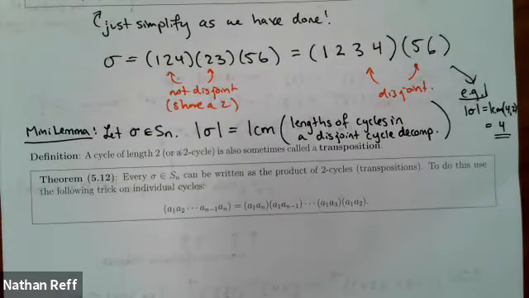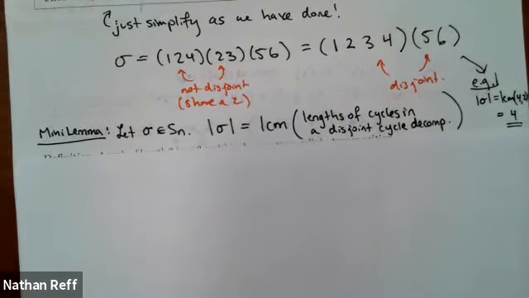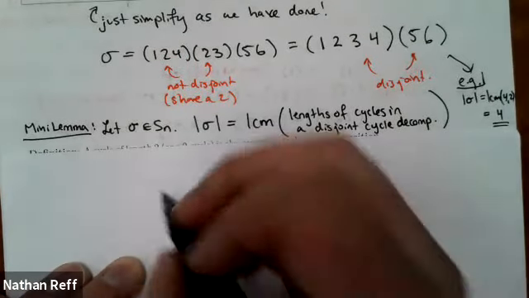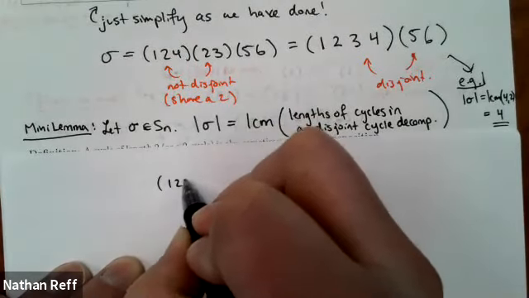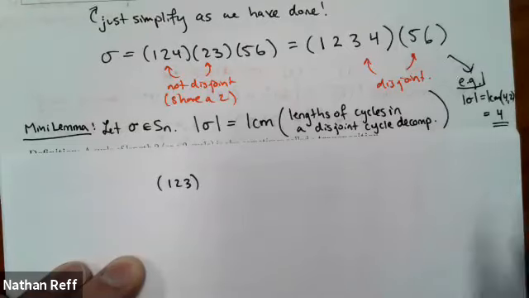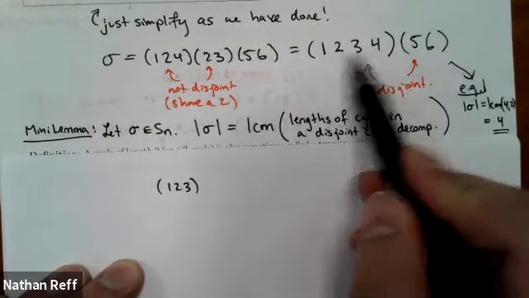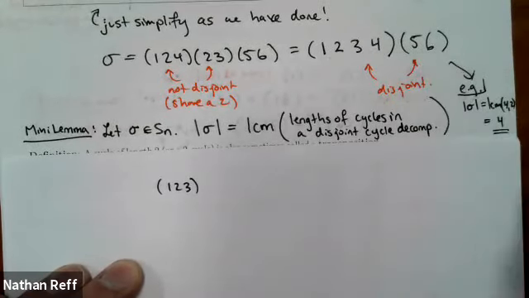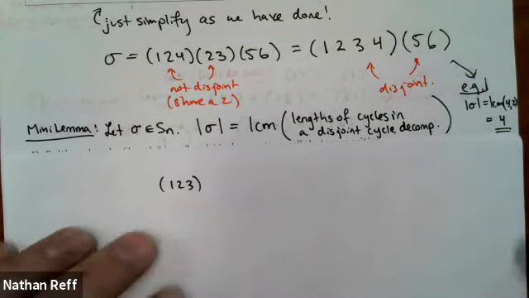I suggest trying it out with a bunch of examples. You might encounter that in the homework, actually. Here it is the least common multiple of 4 and 2, because this cycle is length 4 and this one's length 2. If you had 3 different cycles, you would take the least common multiple of all of them.